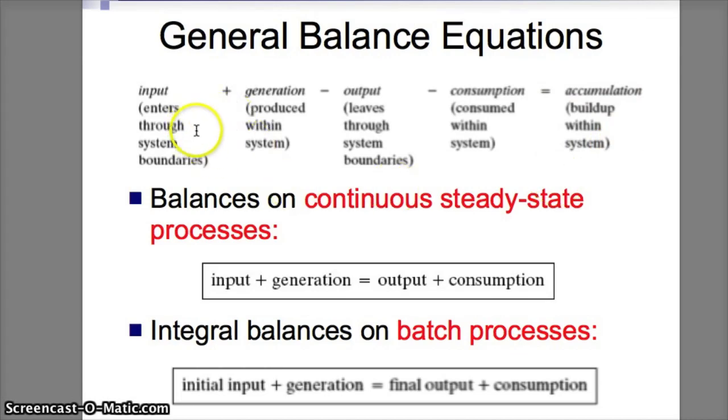Input is what goes in, generation is what's produced, output is what leaves the system, either the generated product or the input product or both of them.